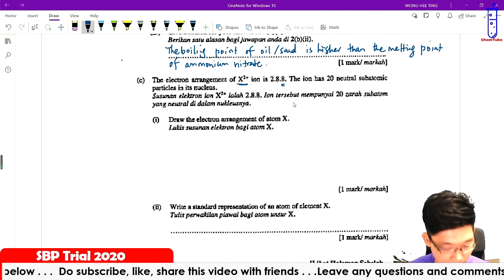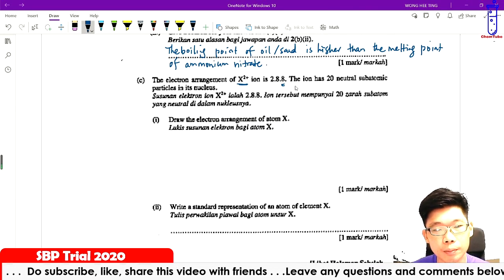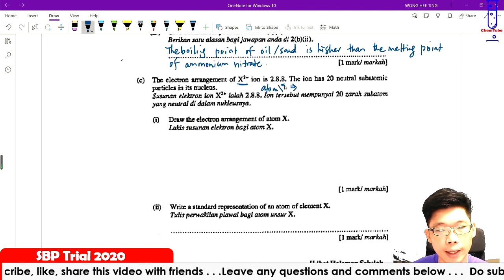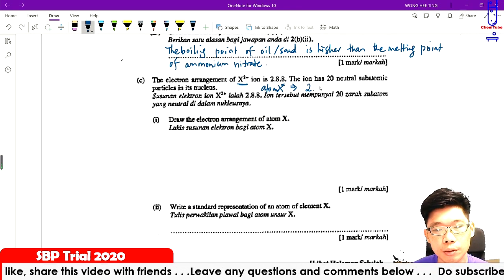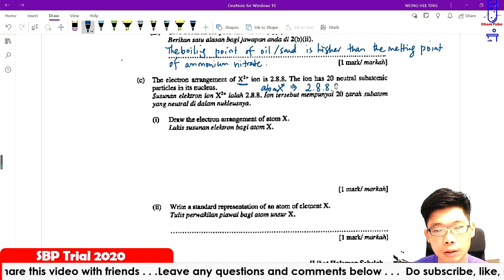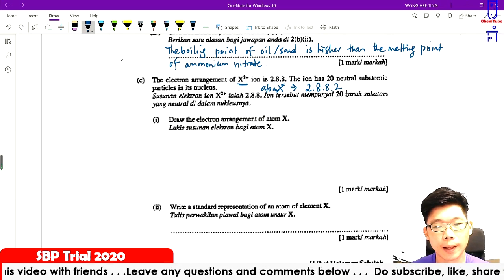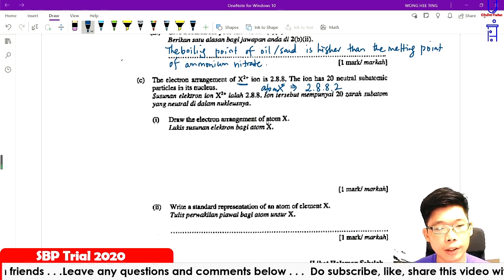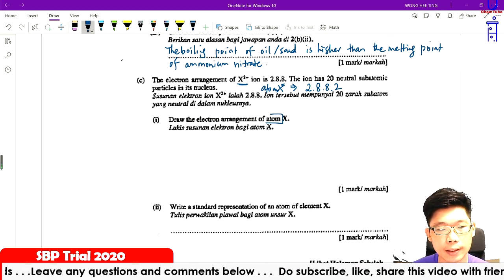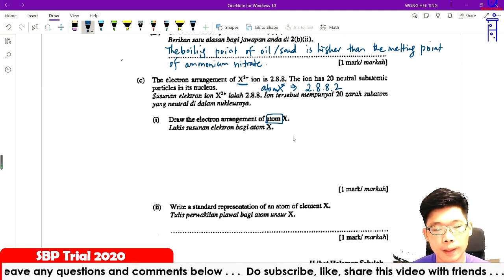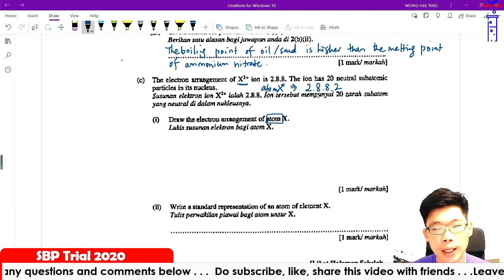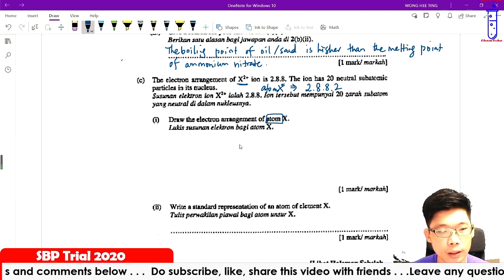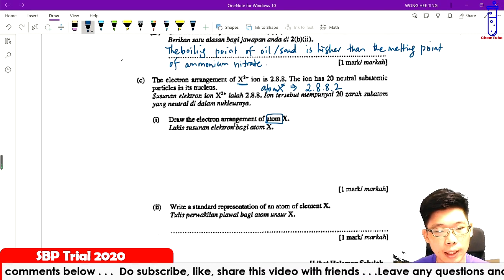So for the atom of X, initially it should be 2.8.8.2. This is the atom, not the ion. So draw the electron arrangement for atom X. The atom is neutral, so meaning that it has 4 shells. Here, it asks you to draw the electron arrangement.